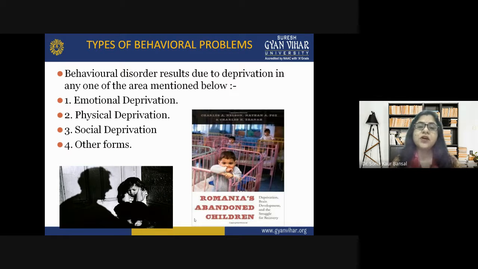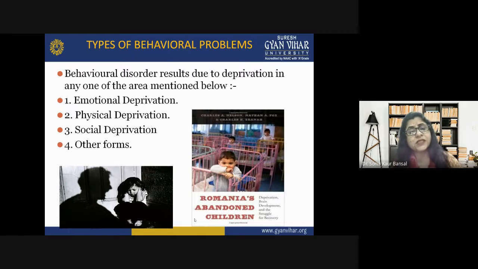Behavioral disorders result due to deprivation in any one of the areas mentioned below. It's very necessary for all children to be happy in all the areas, like physical, emotional, social, and other forms.